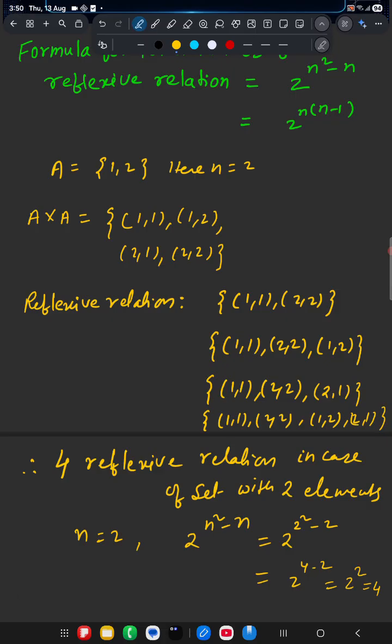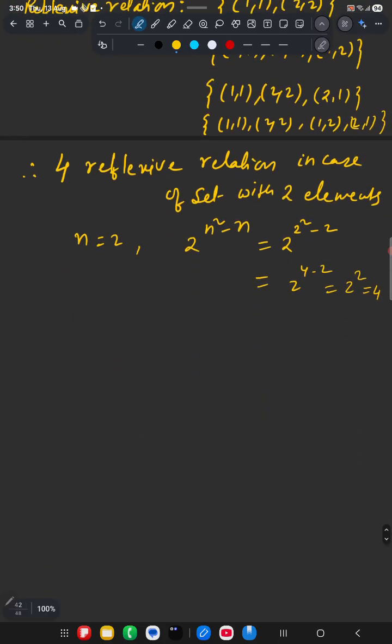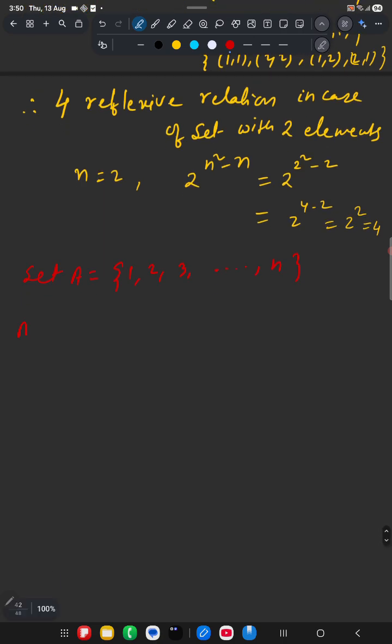Now how did we get this formula? Let us learn about that. Suppose a set A has n elements: 1, 2, 3, up to n. What happens then? Then A cross A will have 1 1, 1 2, up to 1 n.